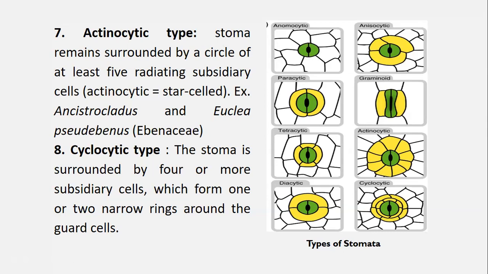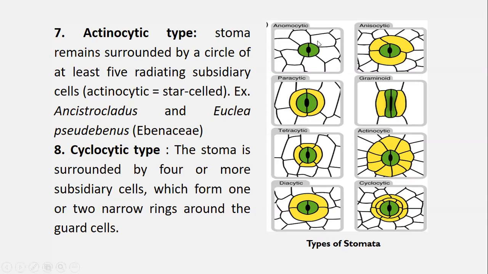Ancistrocladus of family Ebenaceae. And the last one is known as cyclocytic stomata, where the stomata is surrounded by four or more subsidiary cells which form one or two narrow rings around the guard cells.